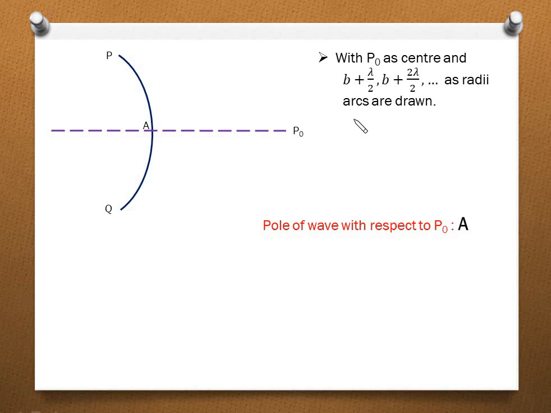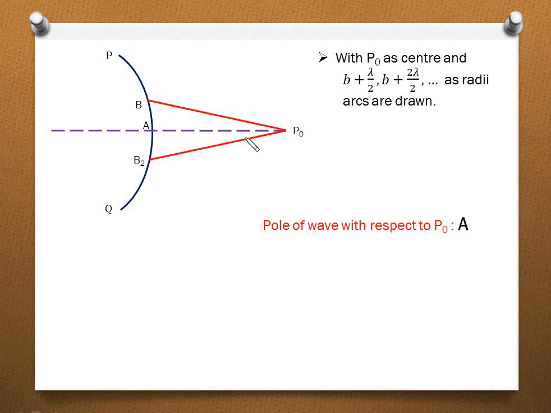If you have watched the previous two videos on the half period zone and zone plate, you will easily appreciate this, because half period zones are separated by a distance of lambda by 2. That's why we draw arcs of radius b plus lambda by 2, b plus 2 lambda by 2, and so on.